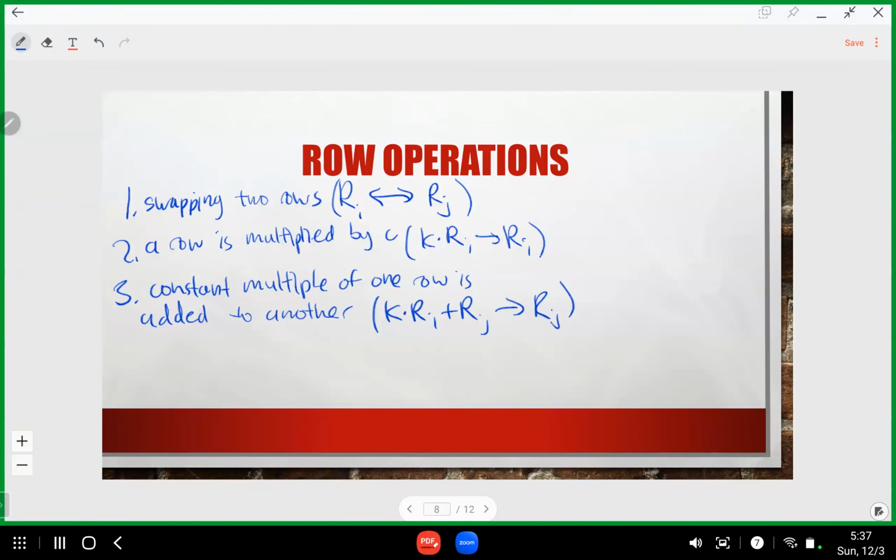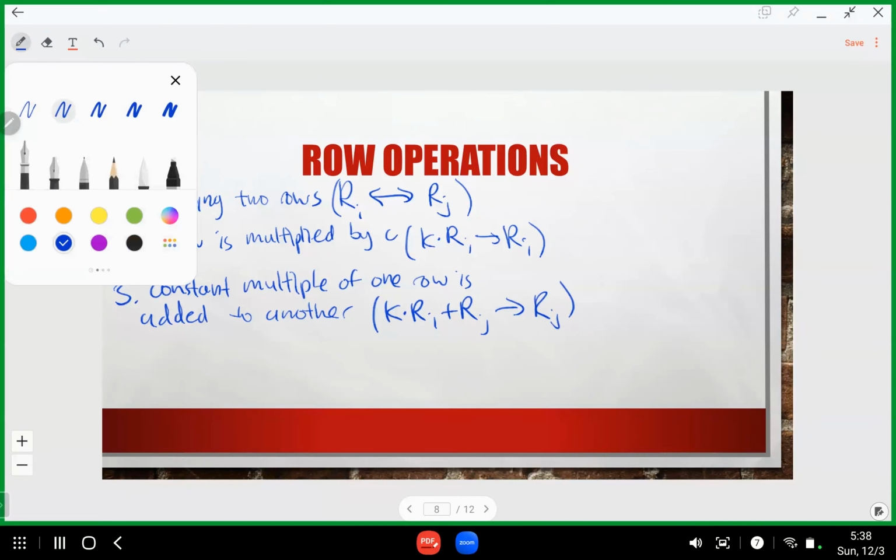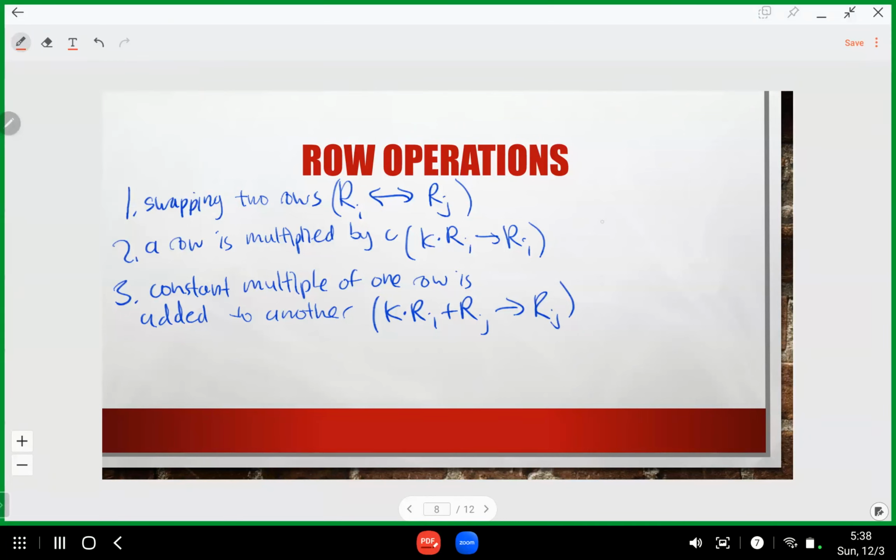So now let's look at some examples that we have here. For example, let's just take this matrix, 1, -4, 2, 4, and 3, -8. All right, so this is our example matrix, and we're going to do some row operations on it.